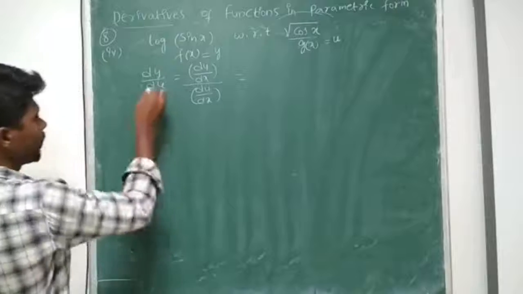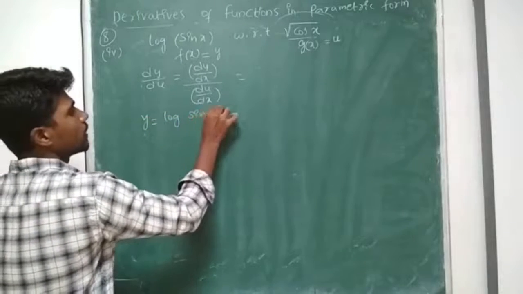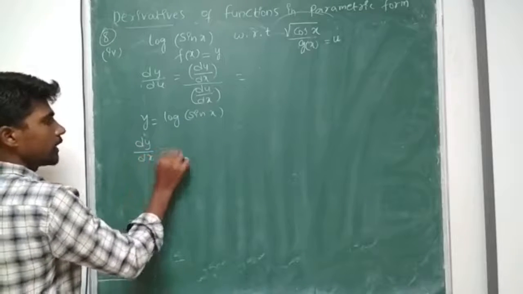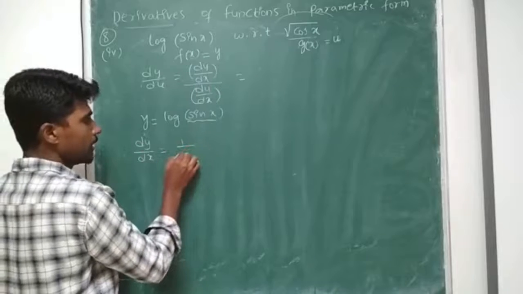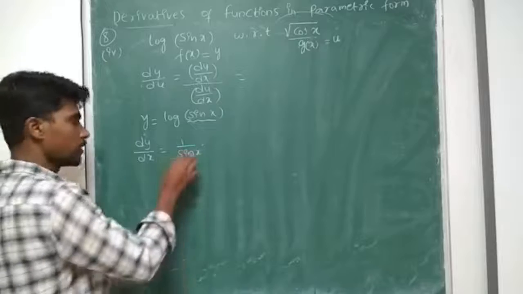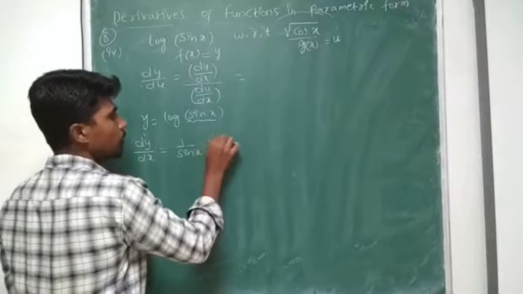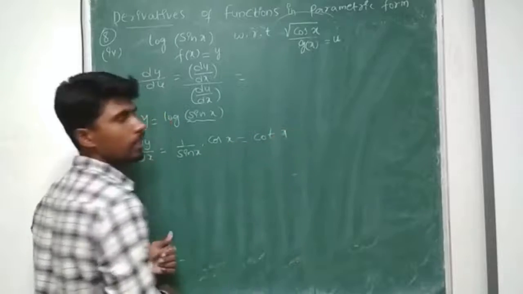Given y is equal to log of sin x, dy by dx is 1 by sin x into its derivative. Sin x derivative is cos x. Now cos x by sin x is cot x.